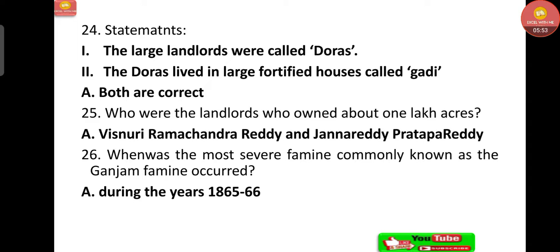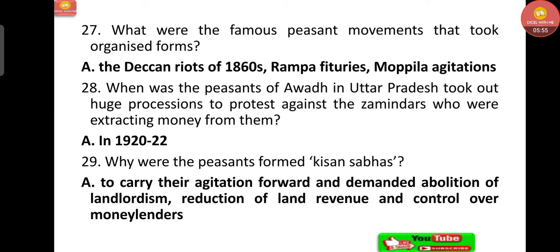During the years 1865 to 66. What were the famous peasant movements that took organized forms? The Deccan riots of 1860s, Rampa, fituries, Moppila agitations. When did the peasants of Awadh in Uttar Pradesh take out huge processions to protest against the zamindars who were extracting money from them?